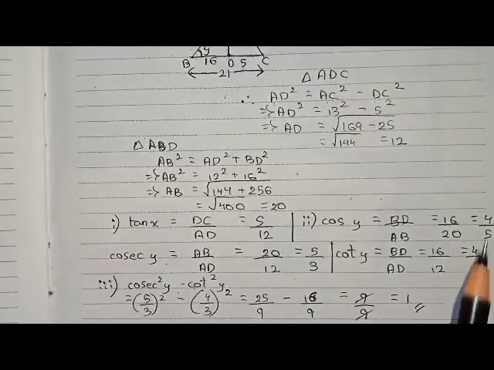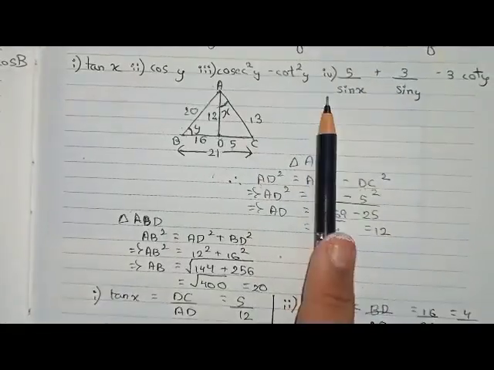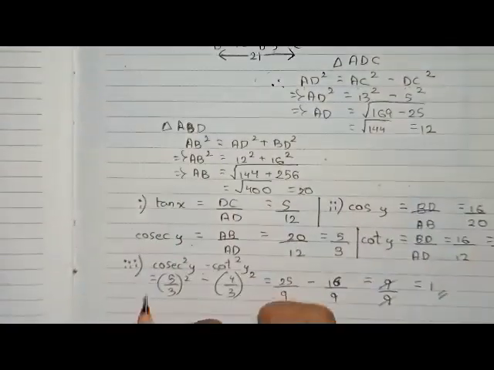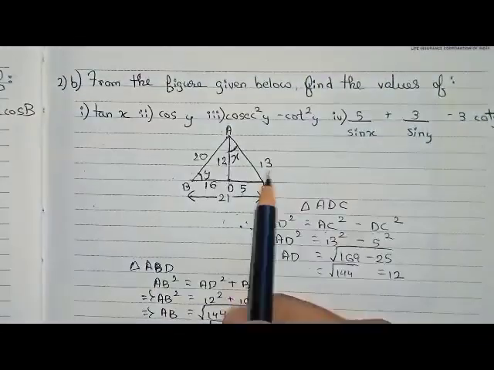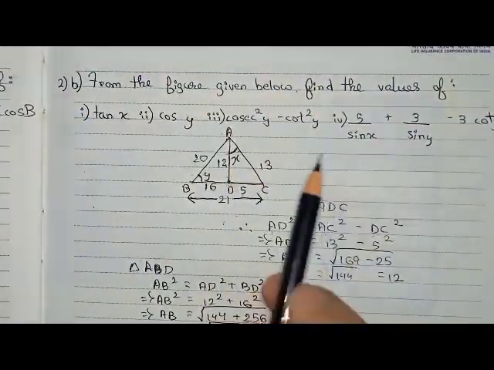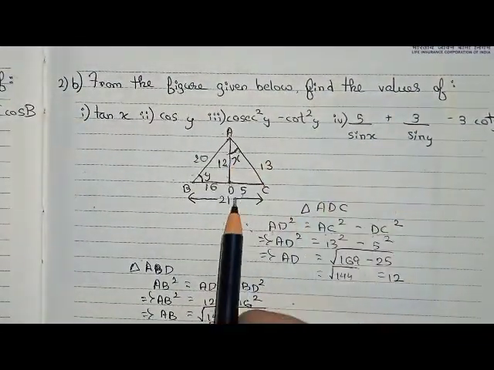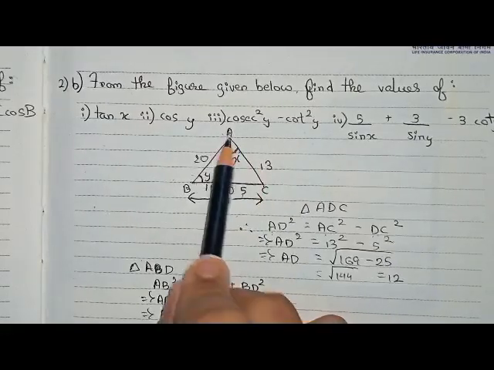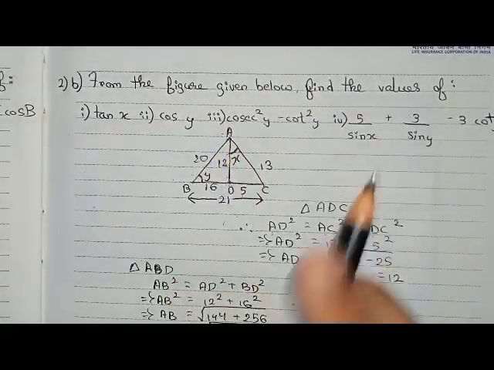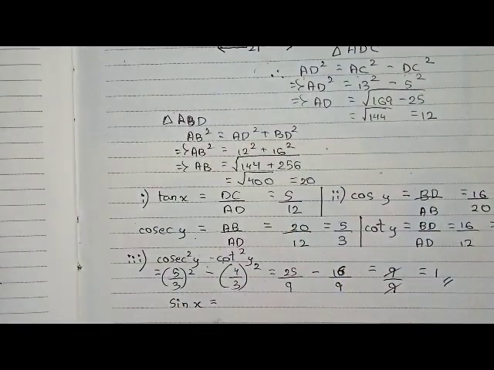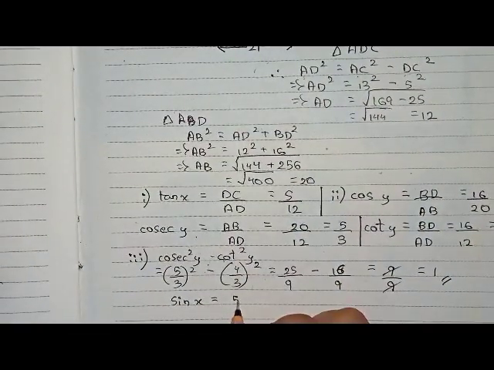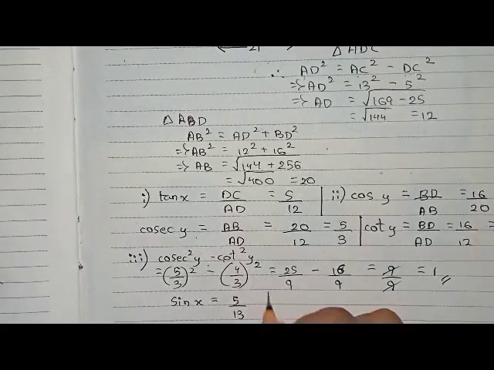Now for doing the last part, we need to find the value of sin x and sin y. So sin x we are finding out. So in this diagram our x is here. So sin means height by hypotenuse. So this is the height and this is the hypotenuse. So it will be 5 by 13. We are directly putting the value, that is 5 by 13.